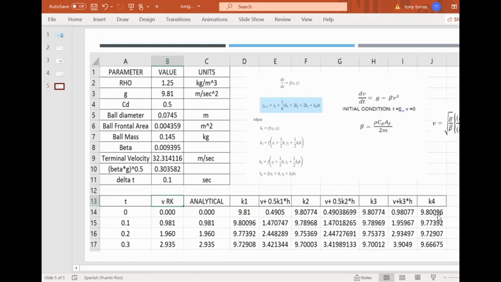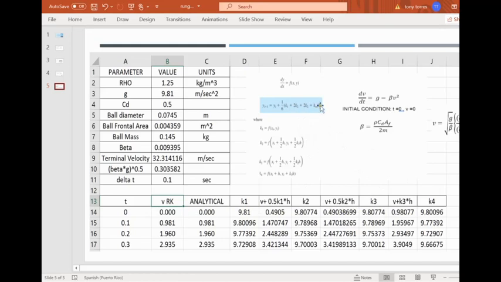Now that you have the fourth slope, you apply this formula, but where? Here. So this result is equal to the previous result, which is 0, plus 1/6. Now here you have K1, which comes from the line above, K1, plus K2, but K2 needs to be multiplied by 2, K3 as well needs to be multiplied by 2, plus K4.